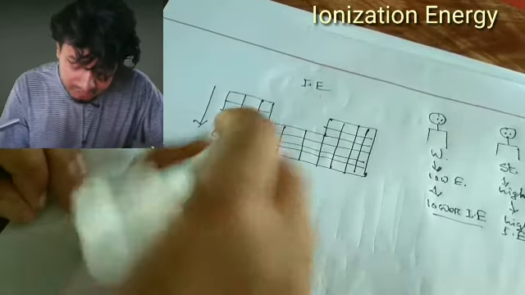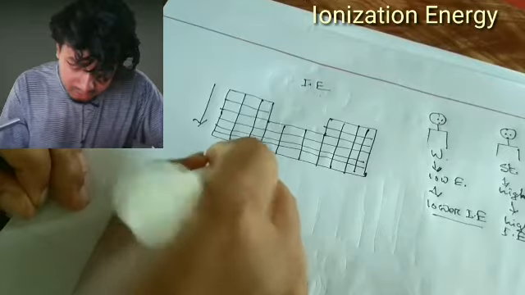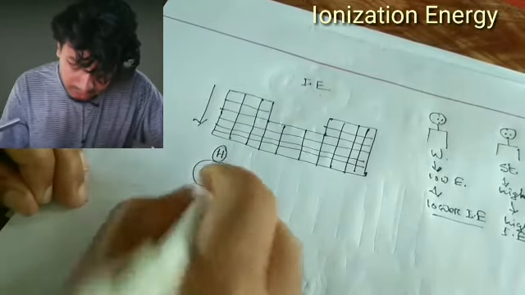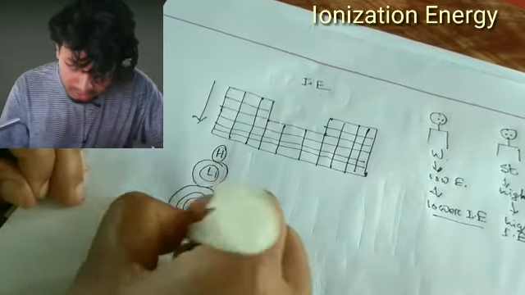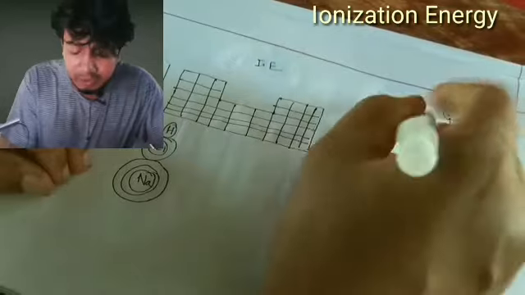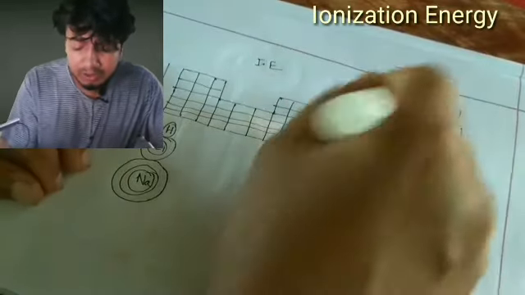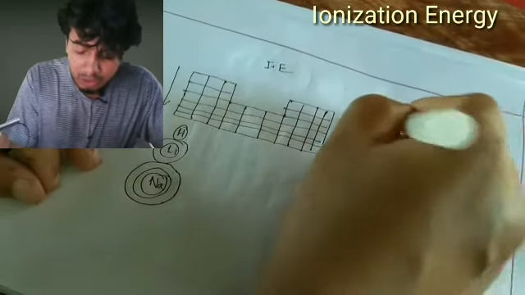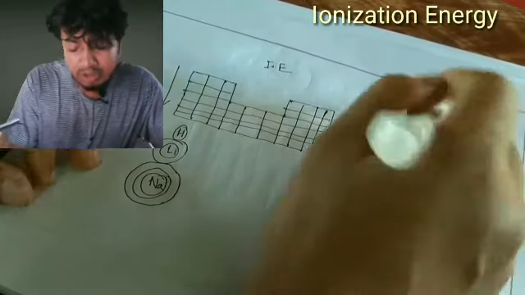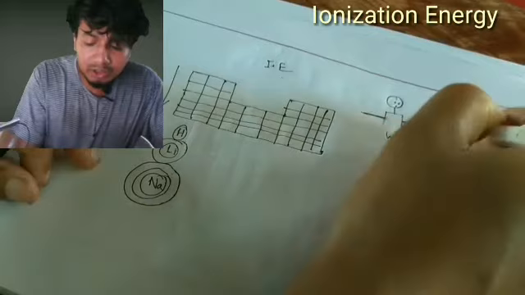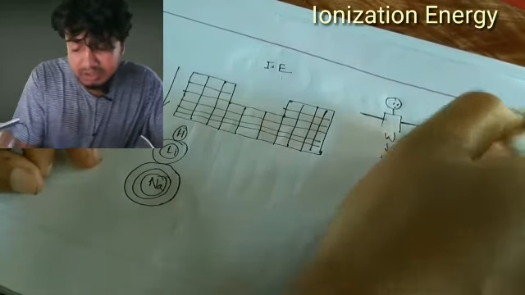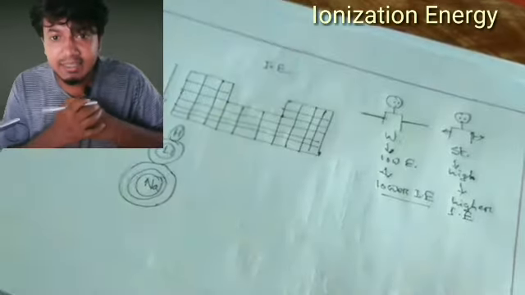Hydrogen is here, lithium, sodium. Let me explain by these two men. Suppose this man is tall and has long hands, but this man is small and keeps his bag like that.